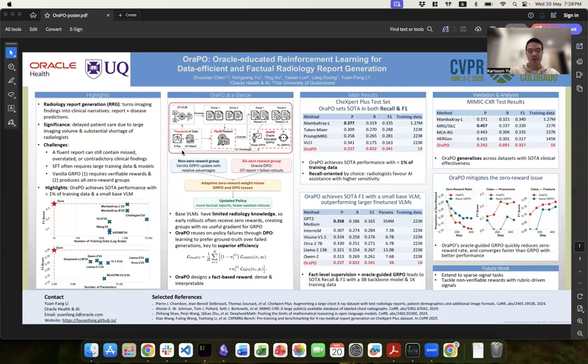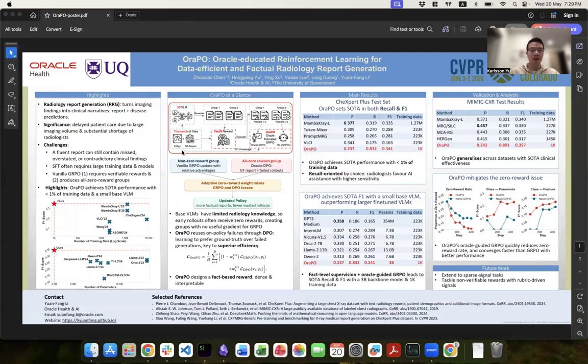Vanilla GRPO suffers from persistently high zero reward ratios. OraPO rapidly reduces zero reward groups during training because failed generations are converted into informative preference supervision. So this leads to faster convergence, more stable optimization, and better downstream clinical performance. Empirically, OraPO directly mitigates the sparse reward failure mode of GRPO.